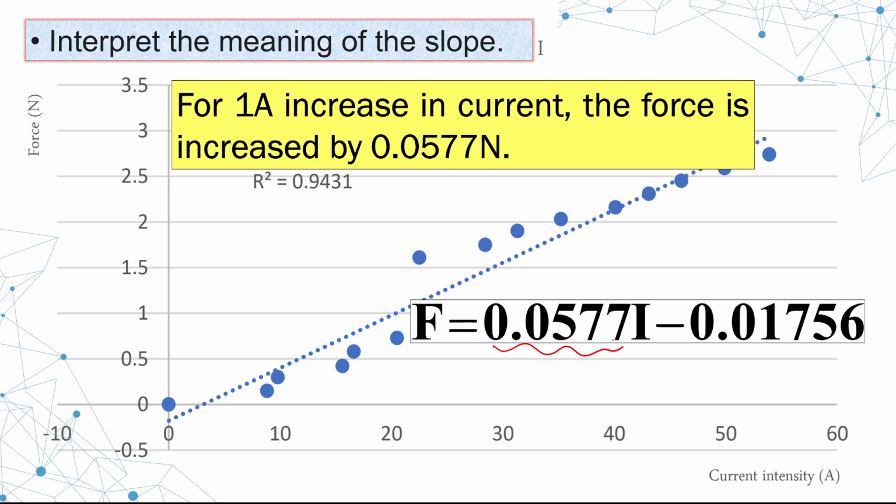This is the meaning of interpretation of a slope. Specifically, when you have a linear graph, this is a must in the IA. I hope you learned it. Anyway, you can watch the meaning and concept of a slope in my YouTube channel. I have a video.